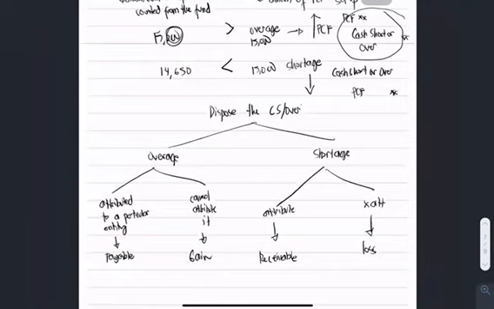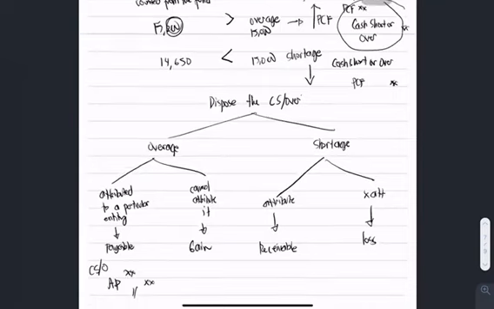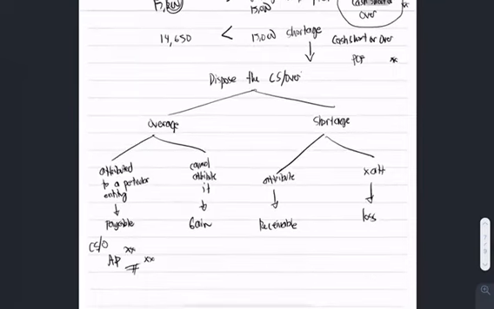So if ever it is a payable, how should we dispose the cash short or over? We debit cash short or over, we credit accounts payable. But if it cannot be attributed, what is our entry? We debit cash short or over, and then we credit gain.